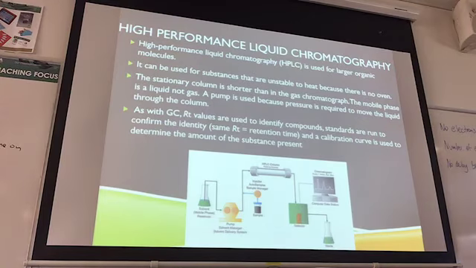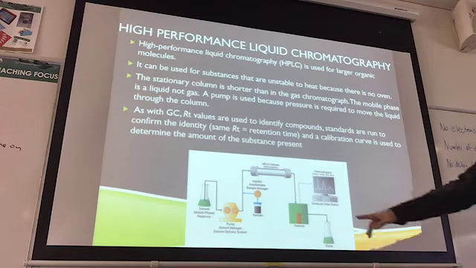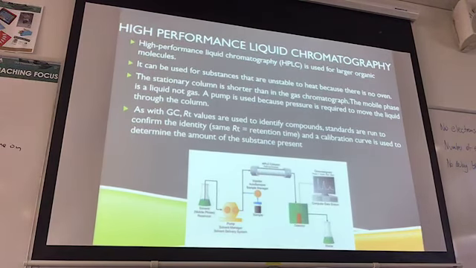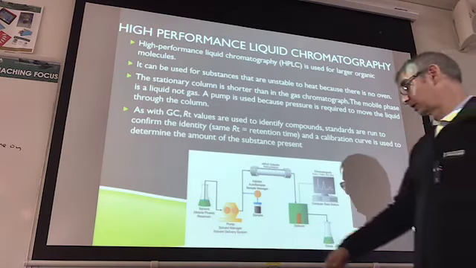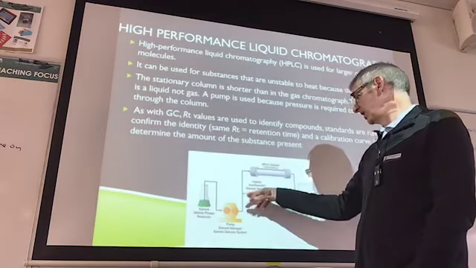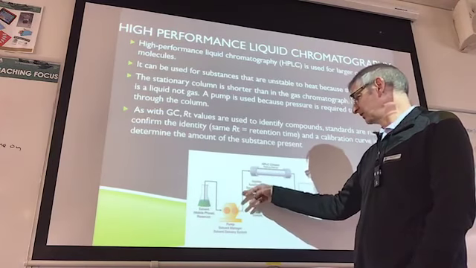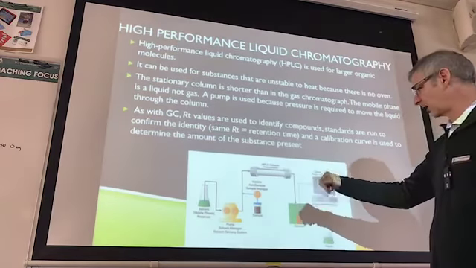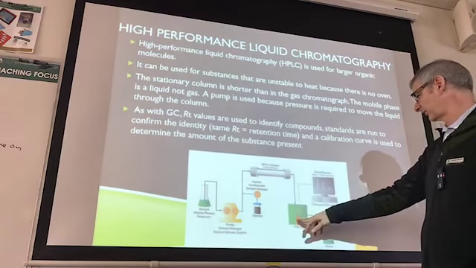So our stationary phase is much shorter than what it is in gas chromatography, and the mobile phase in this case is a liquid rather than being a gas. And we've got a pump that pumps the solvent, or the mobile phase, through, and then we inject our sample into the mobile phase, goes through the column and comes out through the detector.